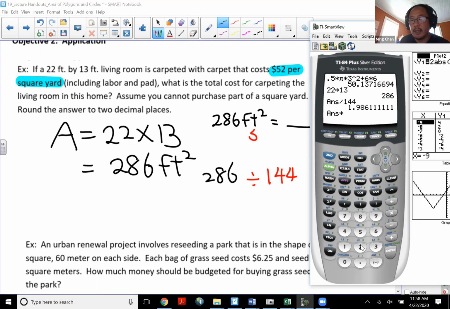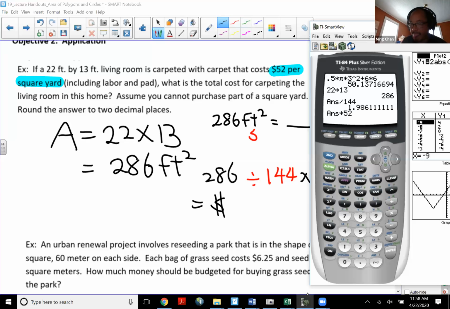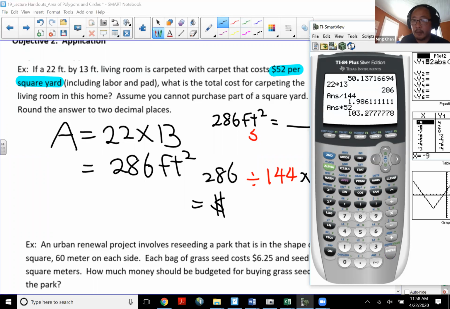Times by what? Times by how much it's costing me. So we will divide by 144 to convert, then times by $52 for 1 square yard. And that will tell me how much money it's going to cost me. All right, round to the nearest cent, which is the hundredth place. So that will be $103.28.